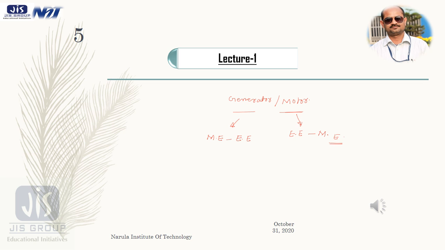So the constructional requirement can be obtained either following the generator action or motor action. Okay, now whether it is a DC generator or it is a DC motor, the operation of this is the prime criteria to develop the DC machine.